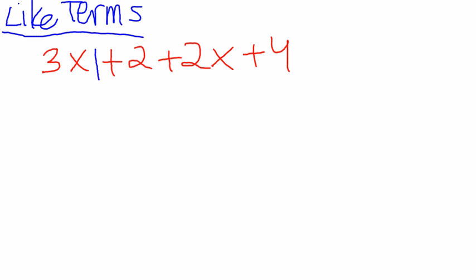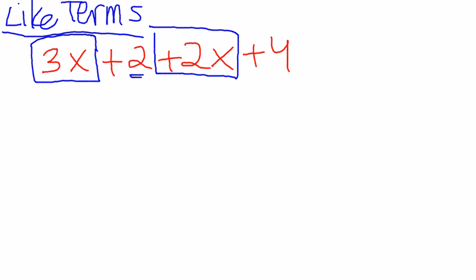I have a 3x, and you could ask yourself, is there anything else that looks like this? Well, the 2 doesn't quite look like it because it doesn't have an x, but the 2x does. I'm going to draw a box around that, and around the sign too, because that means we're adding 2 x's.